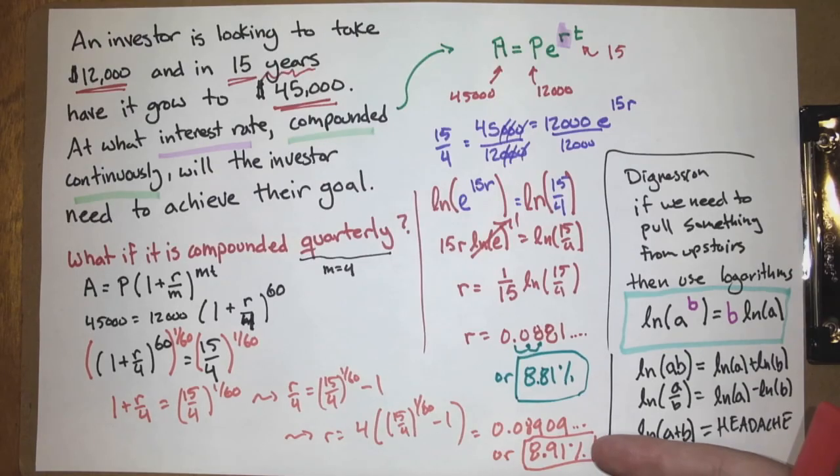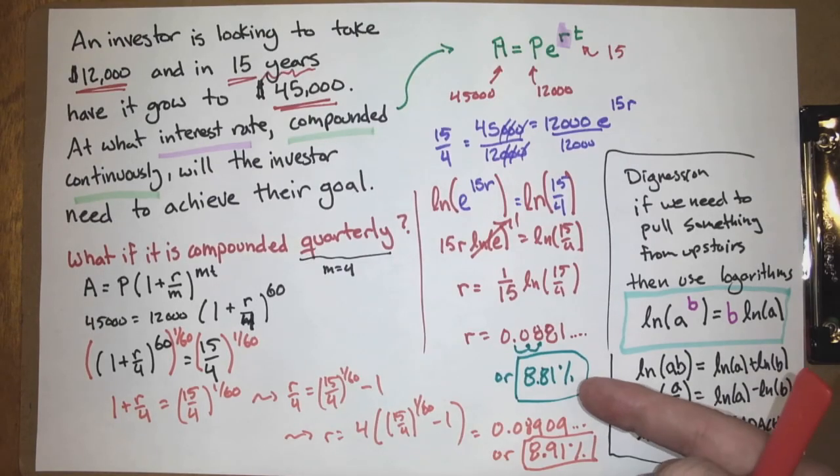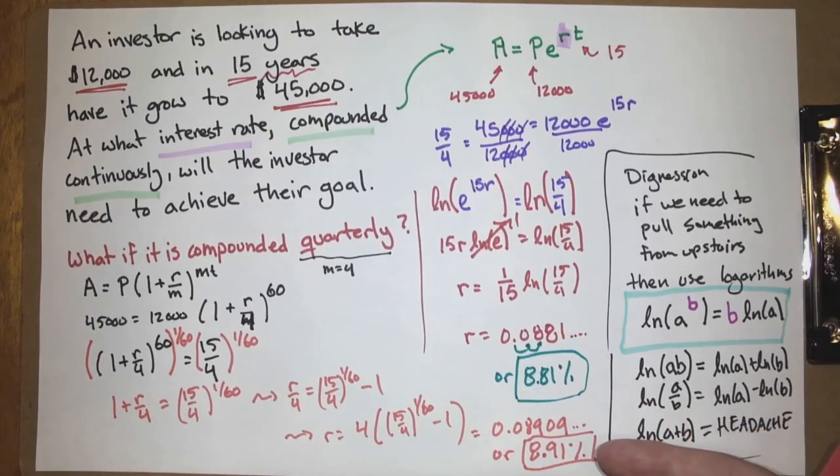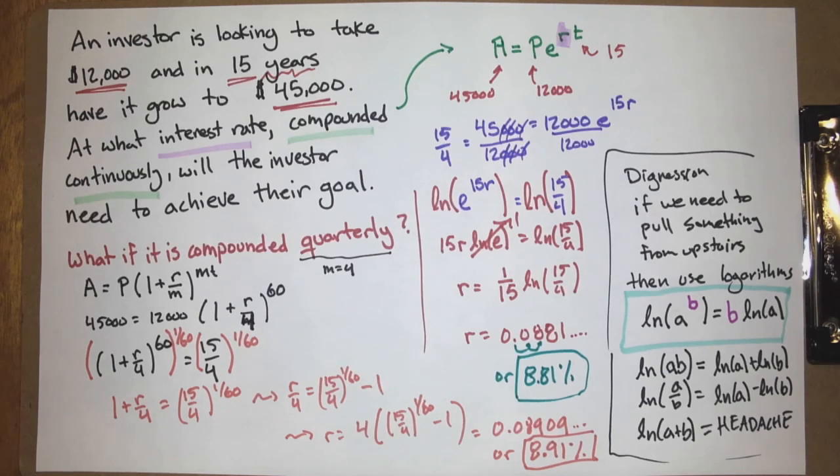Should we expect the quarterly to be a higher interest rate than the continuous? I mean, it says it's true, but is there a reason why we should think it's true? In quarterly, we have fewer opportunities for interest to grow on interest.